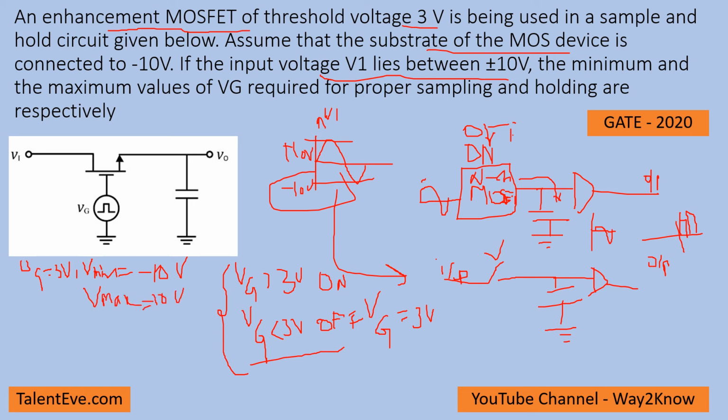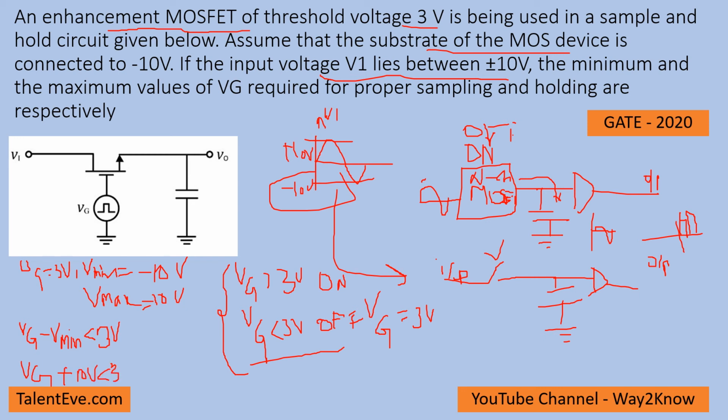Considering these scenarios, initially for the holding time, as we mentioned, Vg minus Vmin must be less than 3 volts. Only under this scenario will the MOSFET be in the off condition, that is, the holding condition. So Vmin is minus 10, so minus of minus 10 will be plus 10, which is less than 3 volts.